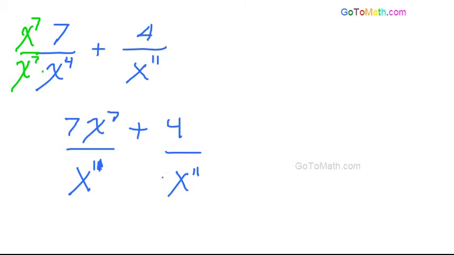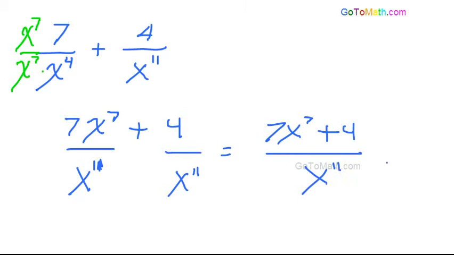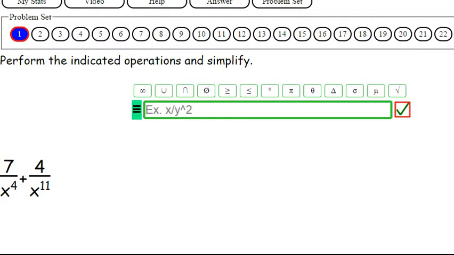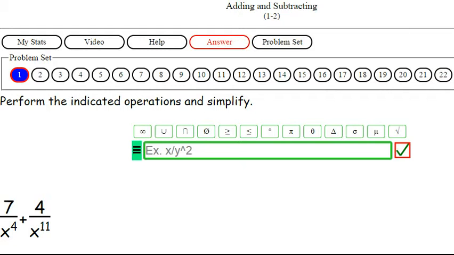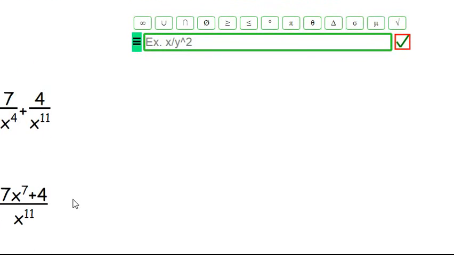And so now we have a common denominator. We just go ahead and add the numerators. Plus 4 over x to the 11th. And guess what? We are done. Right? We're done. So we have 7x to the 7th plus 4 over 11.